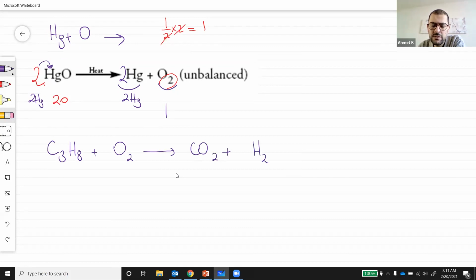And let's try to balance this reaction out. Is this balanced? Probably not, right? Let's see if we can balance it.